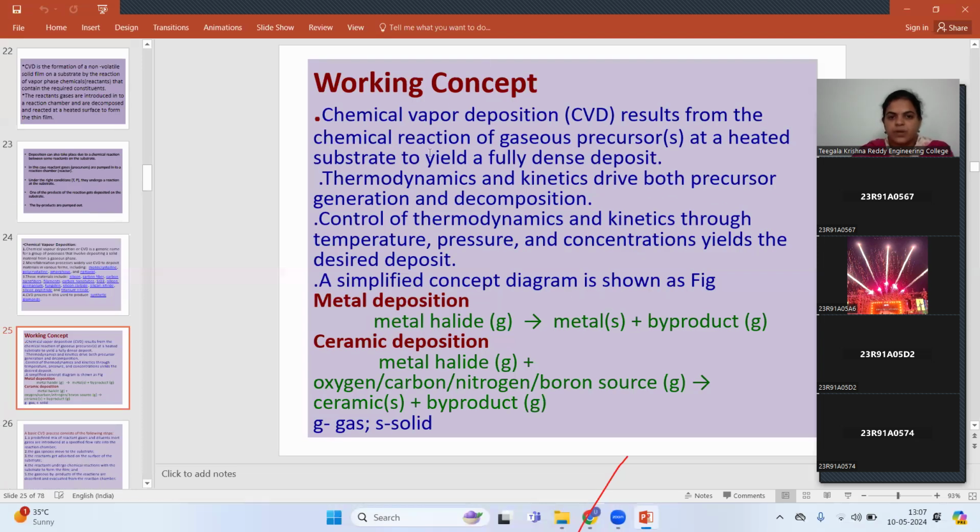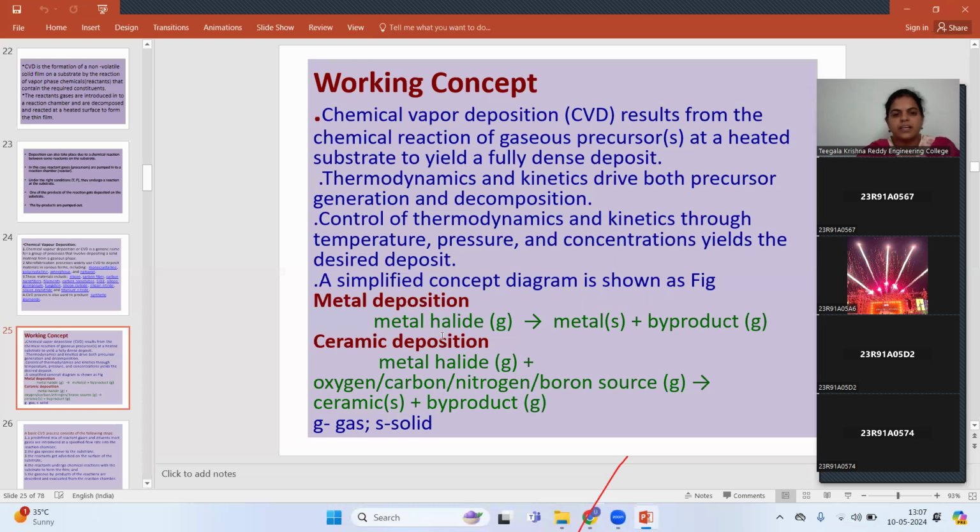The working concept of CVD is that chemical vapor deposition results from the chemical reaction of a gaseous precursor at a heated substrate to yield a fully dense deposit. Thermodynamics and kinetics drive both precursor generation and decomposition, and control of the thermodynamics and kinetics through temperature, pressure and concentrations yields the desired deposit.